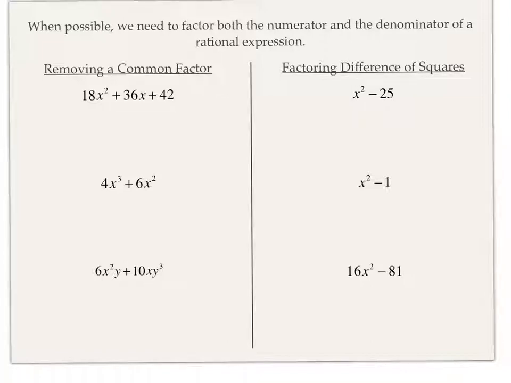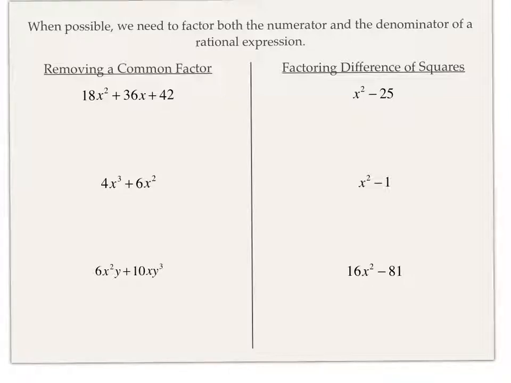So that means you look at all the terms and you ask yourself, what can come out of this? What number divides into both terms? And are there any variables that I can remove? Okay, is there any variables that are in all the terms? So for 4x cubed and 6x squared, I would look at that, I'd say 4 and 6. What goes into both 4 and 6? 2. So I write the 2 out front.